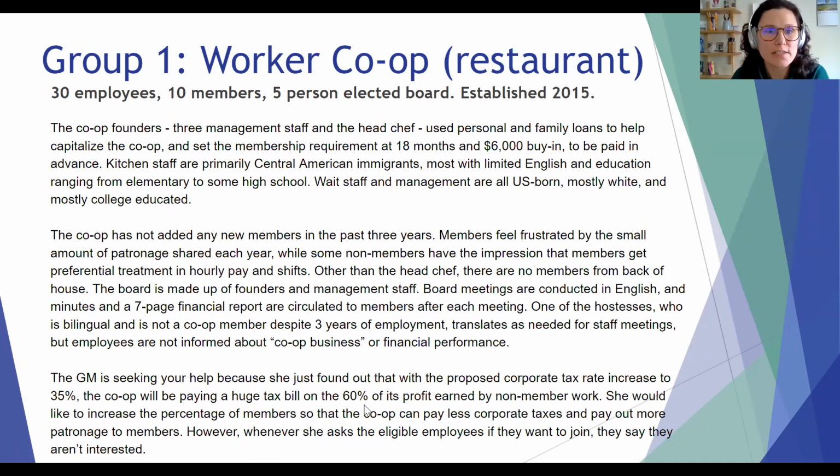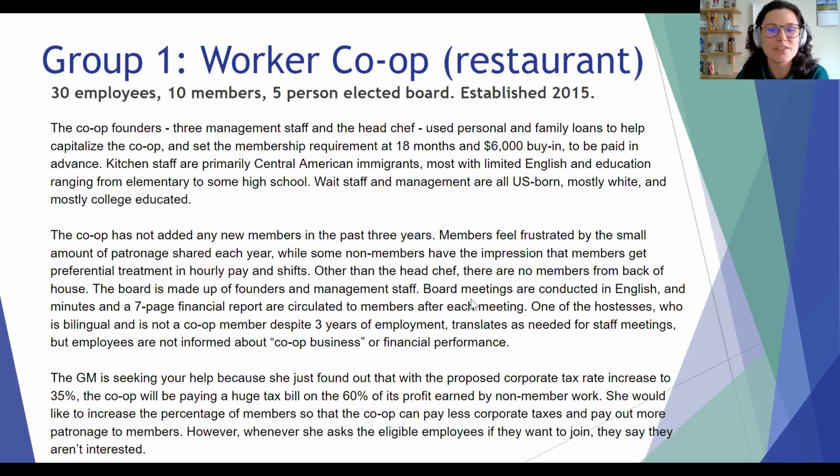The kitchen staff are primarily Central American immigrants who have limited English and education ranging from elementary to some high school. And there's this gap because people in the kitchen staff don't tend to want to join as members, which from the description didn't really get brought up or addressed as an issue, except when there was a corporate tax rate increase.